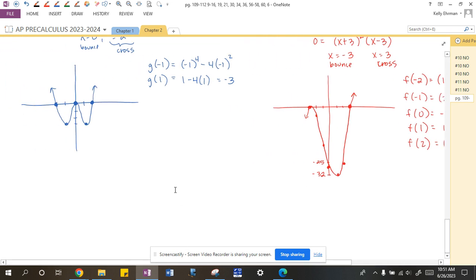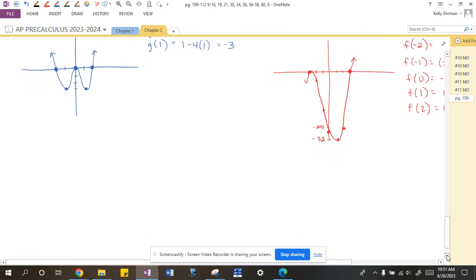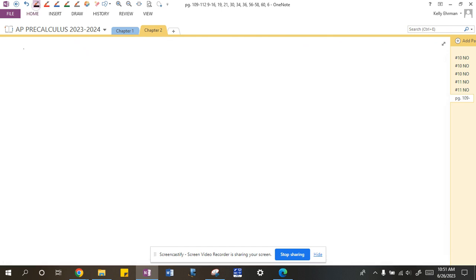Okay, let's see, 91. 91 is g of t equals negative 1/4 t to the 4th plus 2t squared minus 4.